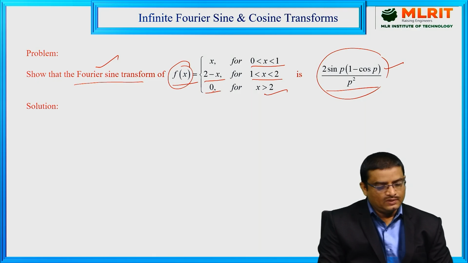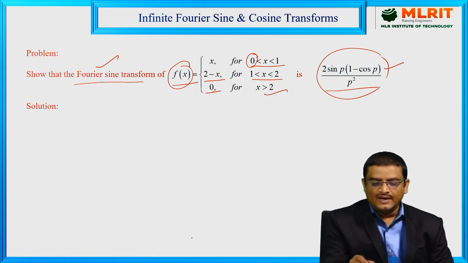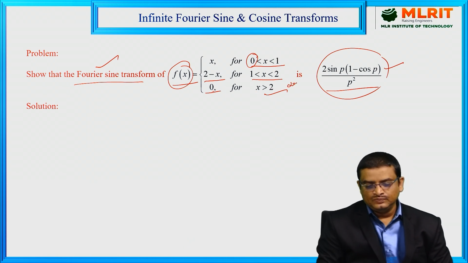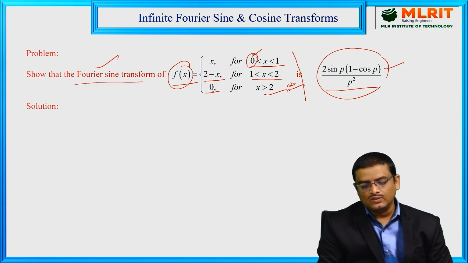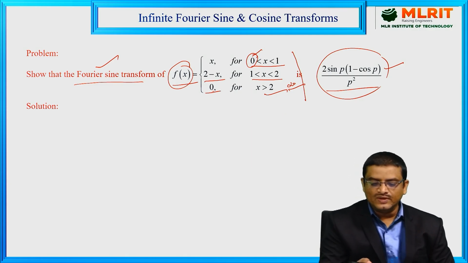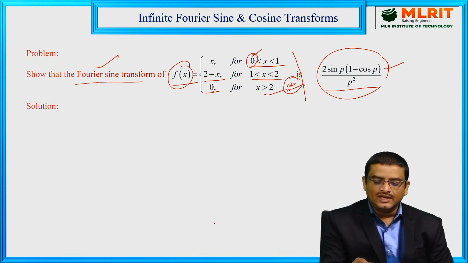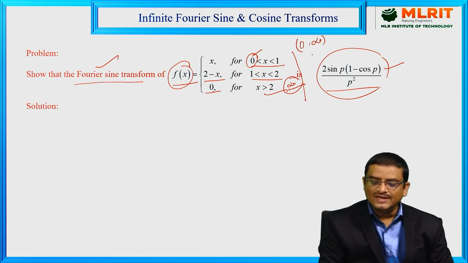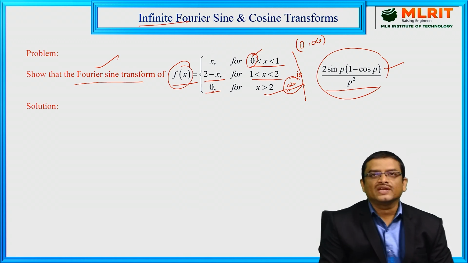Now, in the same way, our x value starts at 0 in the first condition and ends with x greater than 2, which means x may approach infinity. Observing this interval, it starts from 0 and x is greater than 2, so there is no upper bound and we can consider it as infinity. Whenever the interval is 0 to infinity, by default we have to choose the infinite transform.